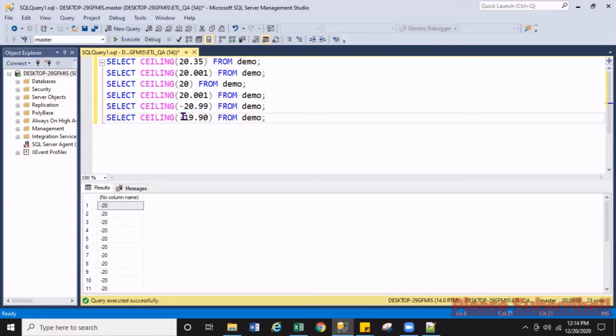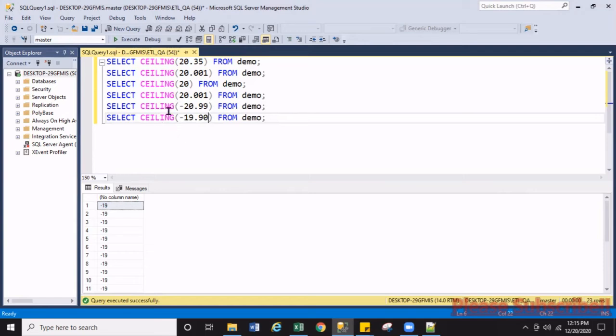For example, is minus 19.9 greater, or minus 19 greater? Minus 19 is greater than minus 19.9. So if you see here, it becomes minus 19. So in that situation, whether positive or negative, it will always lead to the next greater number.